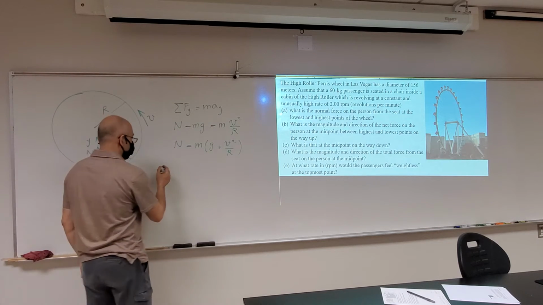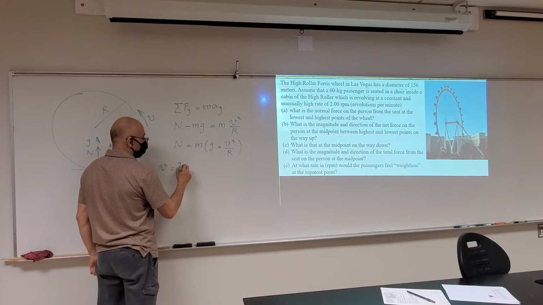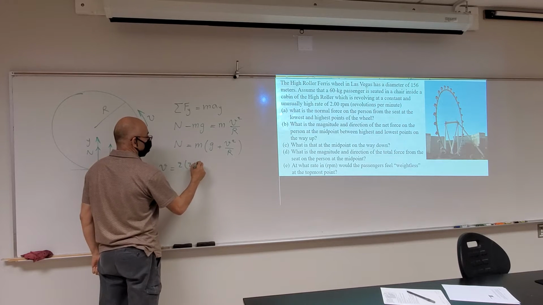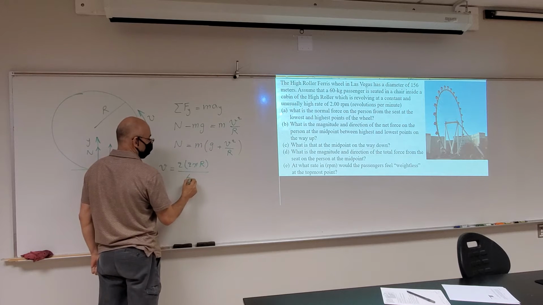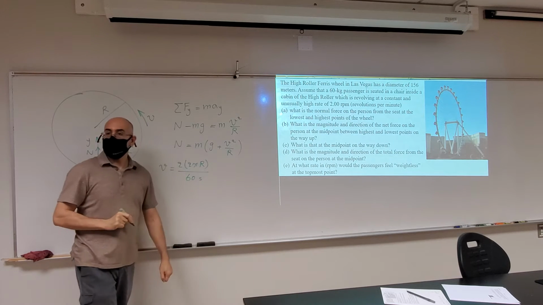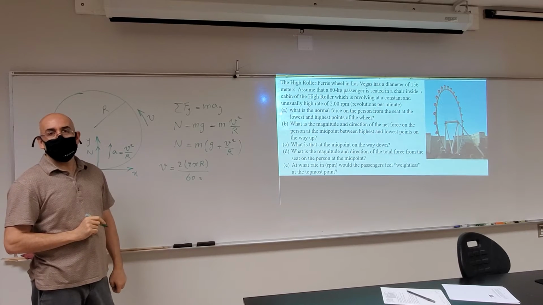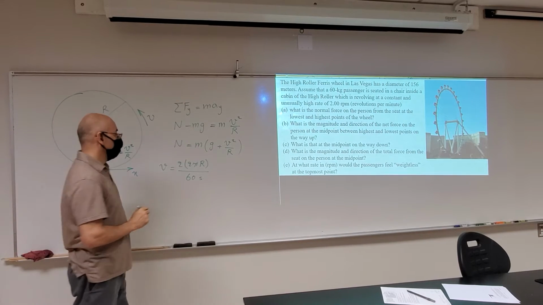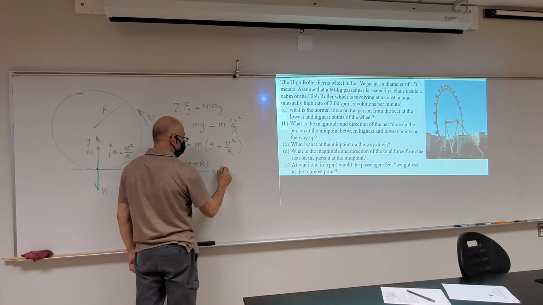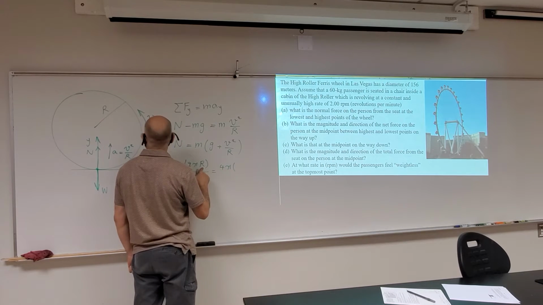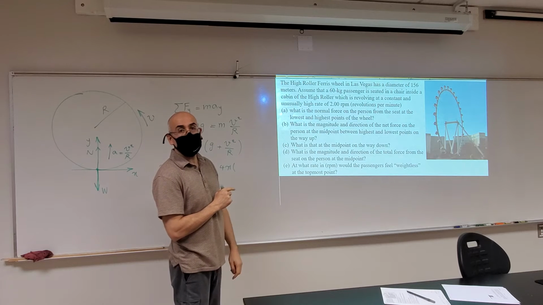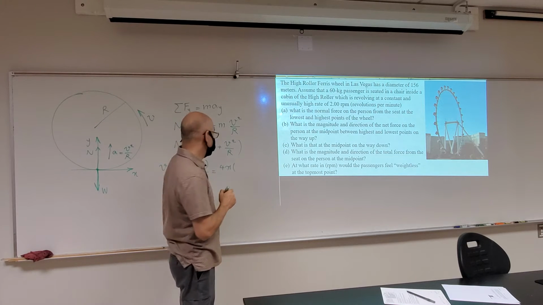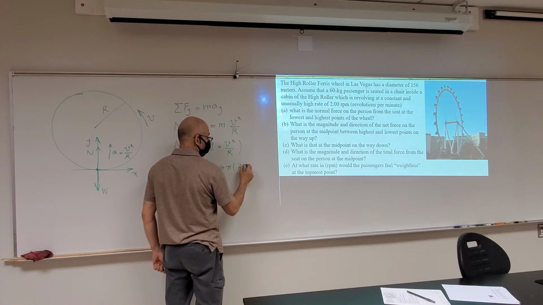Means v is twice 2 pi r in 60 seconds, right? So that's 4 pi times r, which is, how much is r? 156 the diameter divided by 2. It's 78, divided by 60.